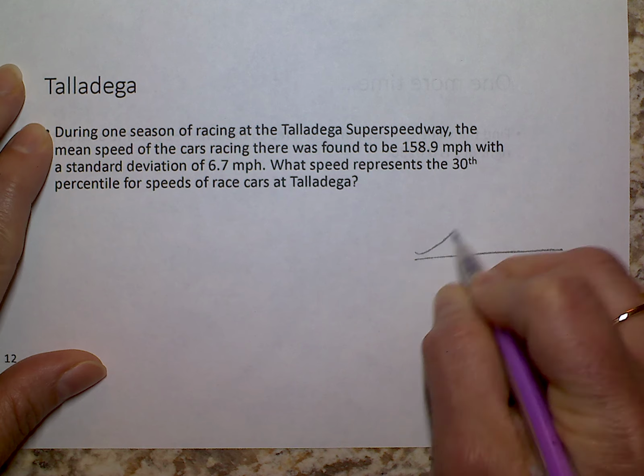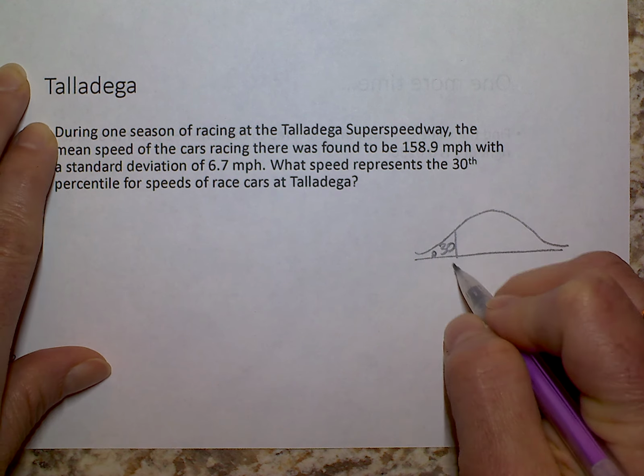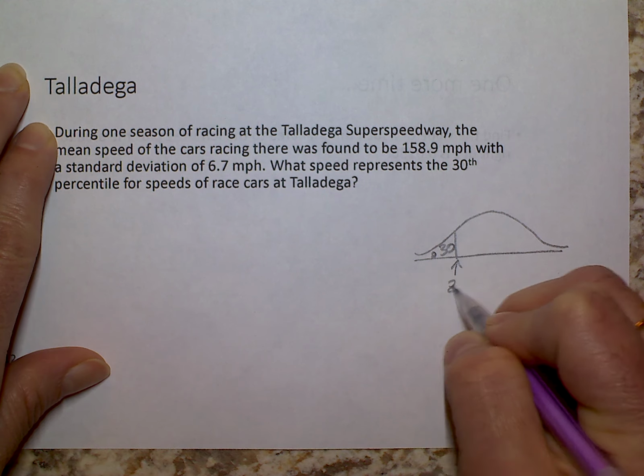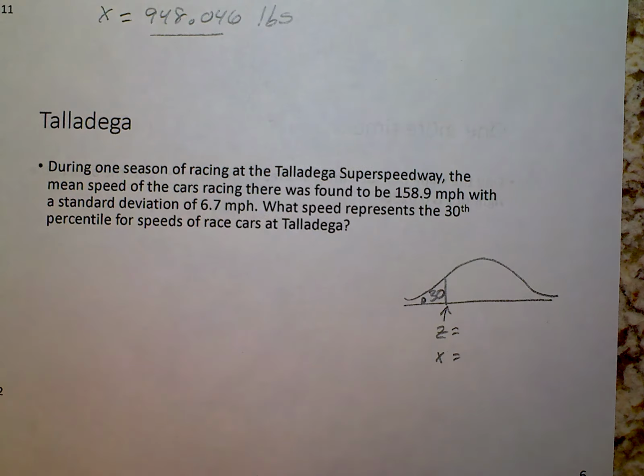Alright, I hope that you drew this. We're going to go look up the z-score that goes there, and then the x. So I need 0.3 to be my area. 0.3 is closest to negative 0.52.